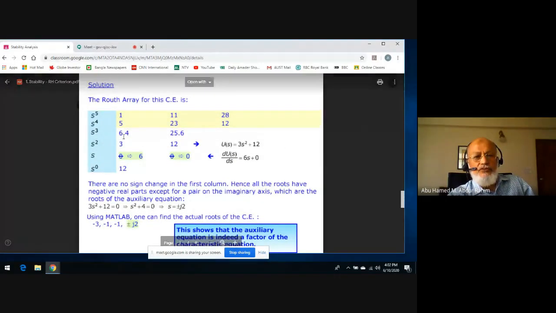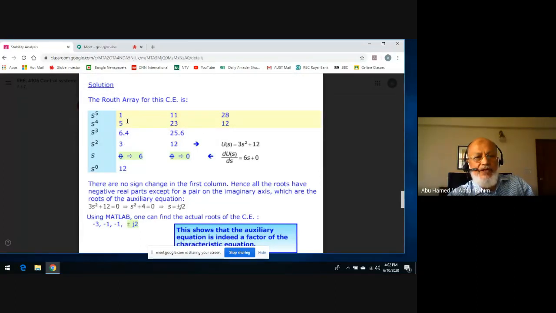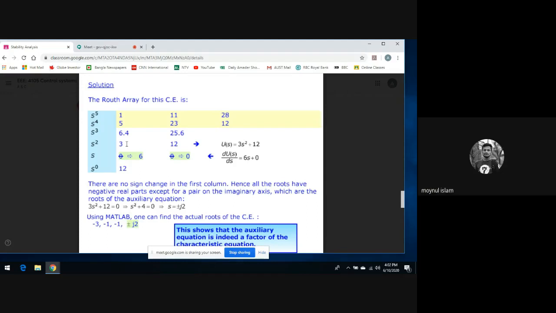For the next row, this quantity is going to be 6.4 times 23 minus 5 times 25.6, all of it divided by 6.4. Check that it's 3. Yes, sir, got it.